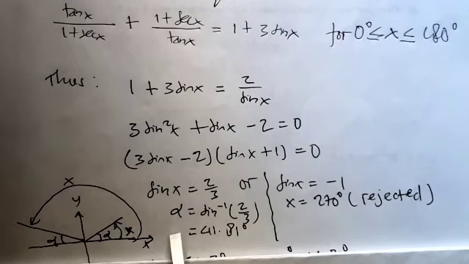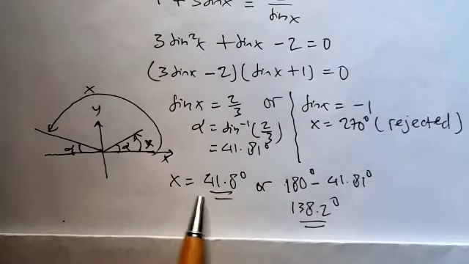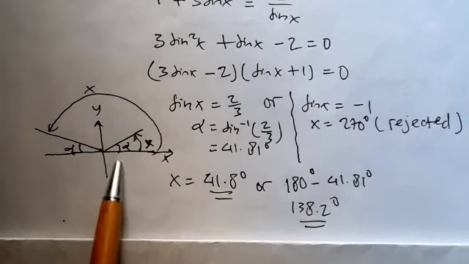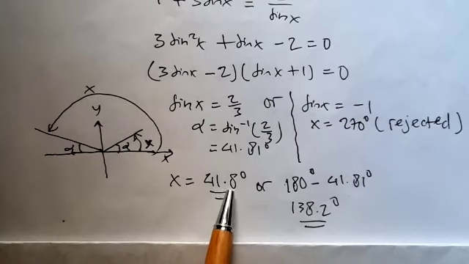First we find the basic angle of this equation. Alpha is the basic angle, shift sine 2/3, which is 41.81 degrees. Here we draw the basic angle alpha. The first x is the same as the basic angle, 41.8 degrees to 1 decimal place.